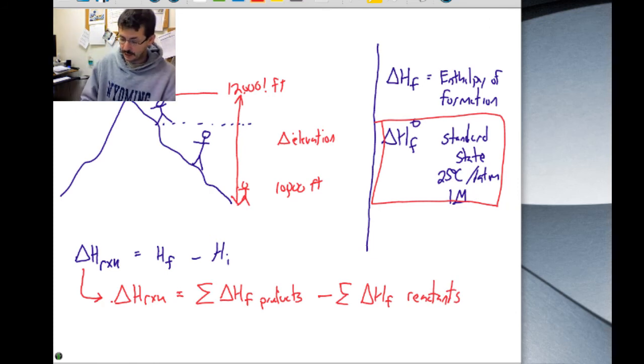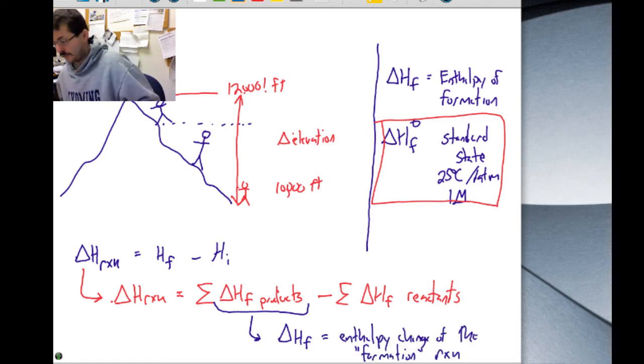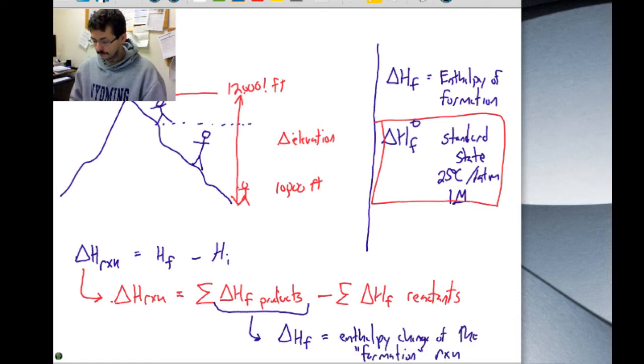Now, how do we calculate these delta H's of formation? It turns out that the delta H of formation is the enthalpy change of the formation reaction. Well, it's the enthalpy change associated with the formation reaction. So what is this formation?